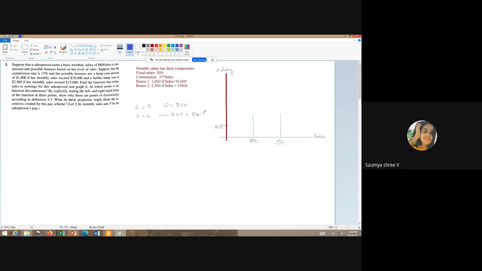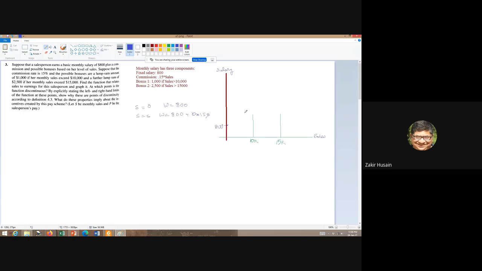Sir, I do not understand what a commission is. Okay, commission is that suppose you sell TVs. Each TV is worth the same. Let us say it's 1,000 each. So if you sell commodities worth 1,000, you're going to get 15% of that amount as your income.